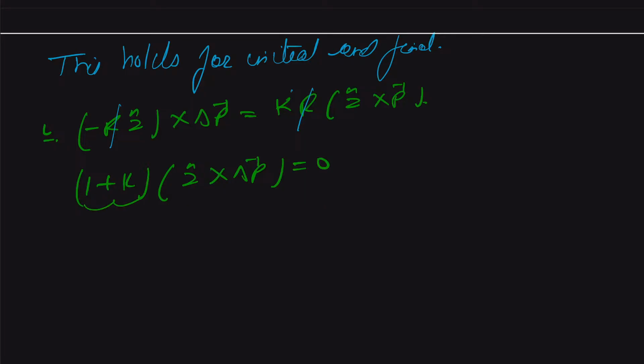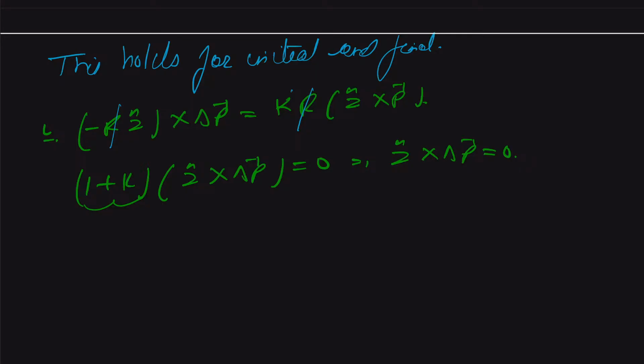Obviously 1 plus k cannot be equal to 0, because 1 plus k is greater than 0 for any physical object, whose value of k will be about 2 by 5, so it cannot be negative, and therefore we can write z cross delta p is equal to 0.